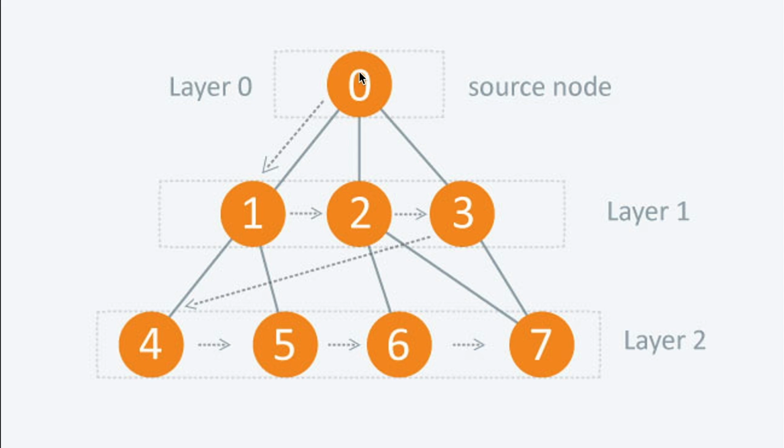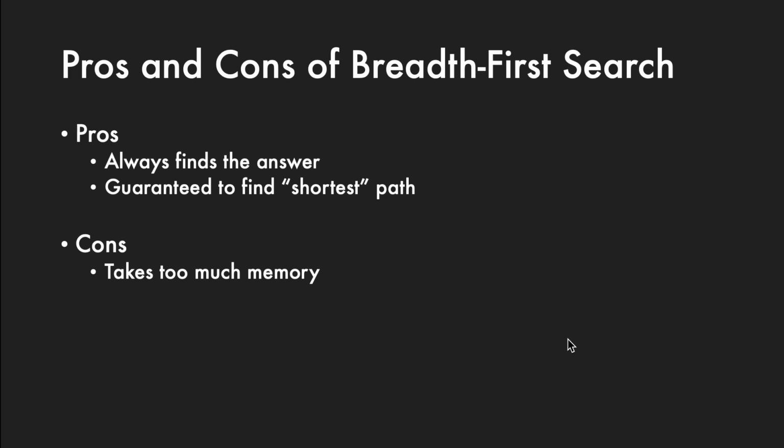So let's do a breadth first search on this graph. 0 has these children, so I'm going to visit them in order. 1, 2, 3, they're visited, and okay, 1 has these 2 children, so visit them in order. 4, 5. 2 has these 2 children, so visit them. 6, 7, and we are done.